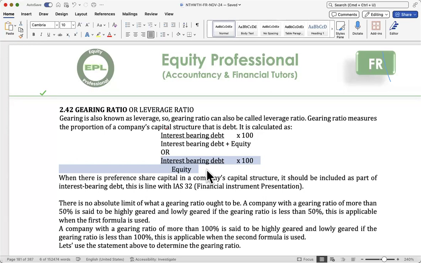So you must pay. When it becomes excessive, it will affect your profits, which will in turn affect the dividend you pay to your shareholders. And when you're not paying dividend to your shareholders, it can affect your share price. That is the normal flow. That's the a priori expectation. But of course, practically, it doesn't really follow.